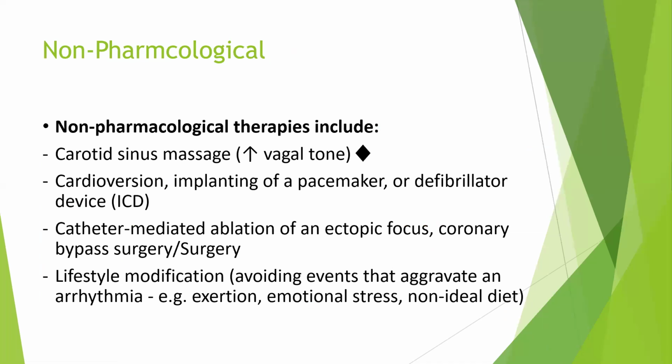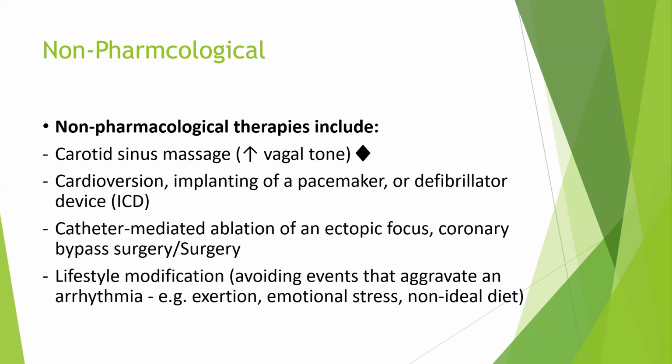Okay, so there are different ways of managing arrhythmias. Like I mentioned, the pharmacological. Then we have the non-pharmacological, the carotid sinus massage. You know what this does is try to slow down the rate of the heart, all right, by increasing parasympathetic tone. Cardioversion, all right, implantation of a pacemaker or a defibrillator device, the implantable defibrillators.